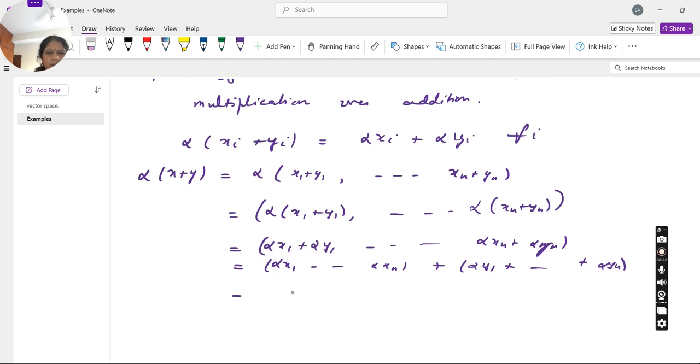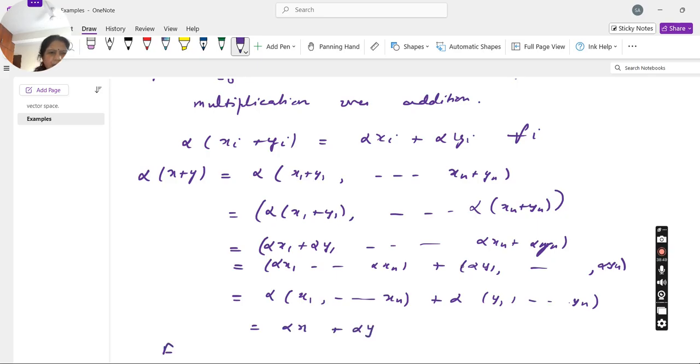And this is written as alpha (x1, x2, ..., xn) plus alpha (y1, y2, ..., yn). So sorry, it's not the addition here, it's a comma here. Please remember, don't make this mistake. And this is alpha x plus alpha y.